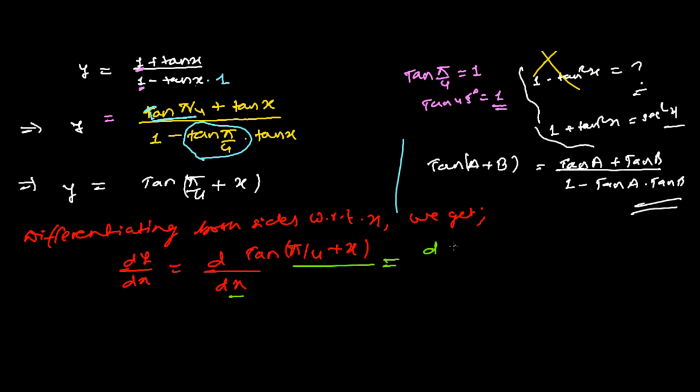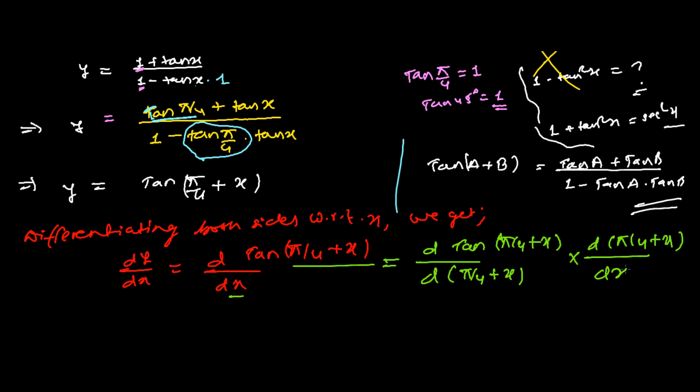So I'm taking the derivative of tan of pi by 4 plus x with respect to its angle. Here the angle is pi by 4 plus x. Since I have written it from my side, I need to multiply it also, so that it cancels out: d of pi by 4 plus x, and this over dx.